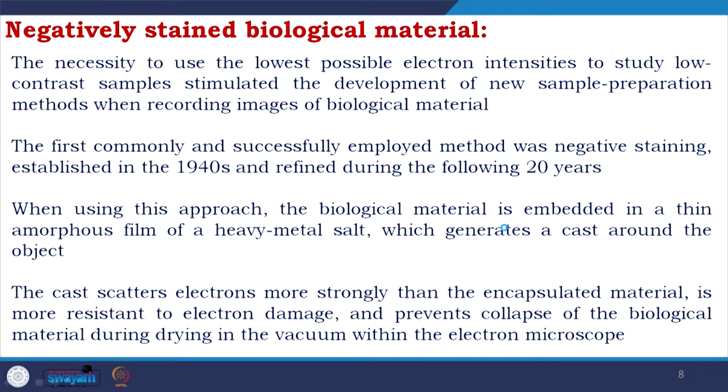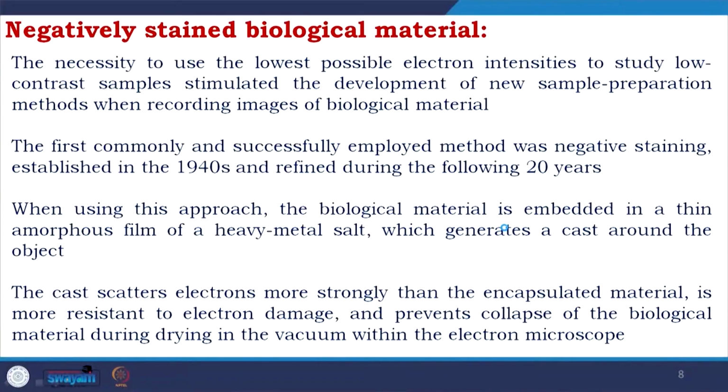So, the cast scatters electrons more strongly than the encapsulated material. So, you have the encapsulated material and the cast. The cast is more resistant to electron damage. So, it is not directly coming to the biological sample, and it also prevents the collapse of the biological material during drying in the vacuum within the electron microscope.